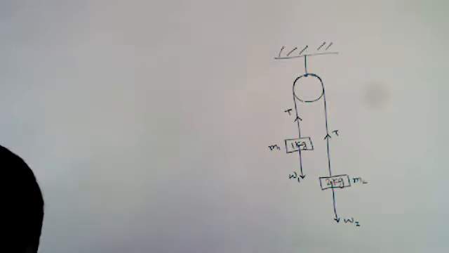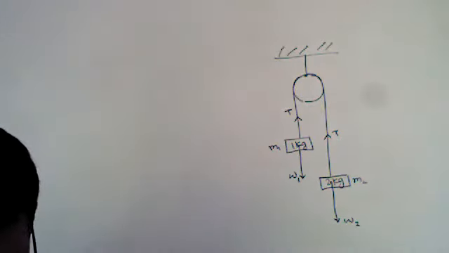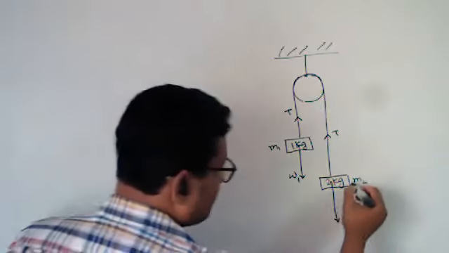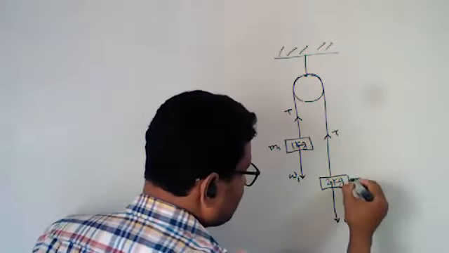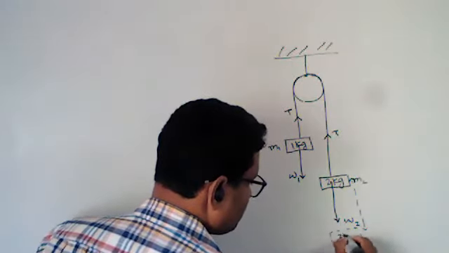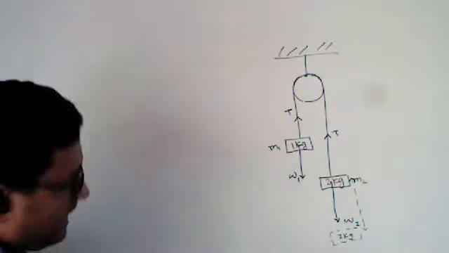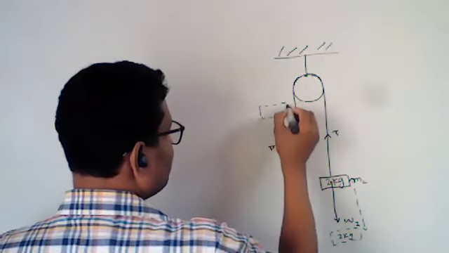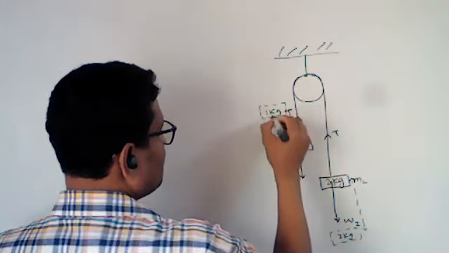So the question was: find the work done by gravitational force on each mass and tension force on each mass when the 2 kg mass goes down 4 meter. Suppose the 2 kg mass reaches the point here, and the 1 kg mass also goes upward 4 meter.